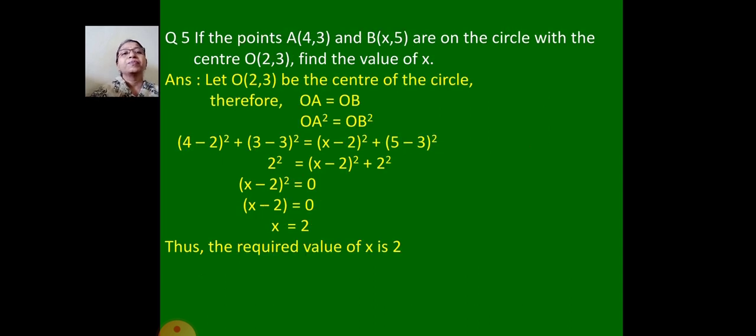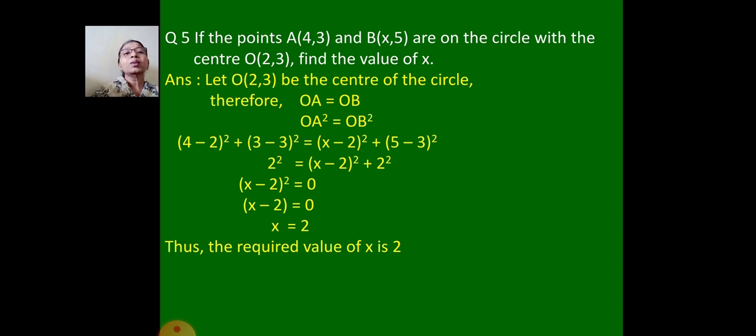Next is, if the points A(4, 3) and B(x, 5) are on the circle with the center O(2, 3), find the value of x.